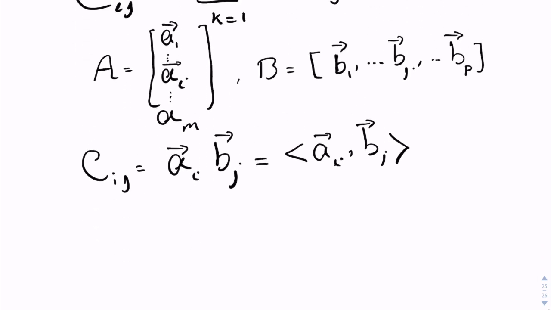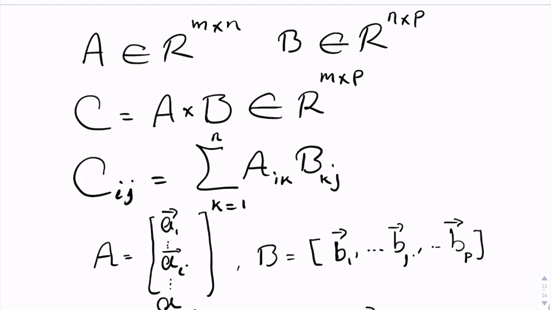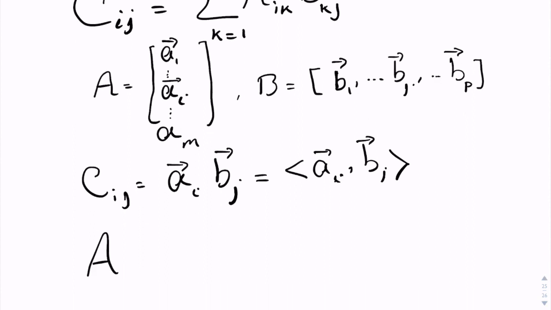For instance, for these two matrices, this matrix was m by n, and B is n by p, I cannot do the element-wise matrix multiplication, because for element-wise multiplication, two matrices should have the same dimension. But in here, these matrices are formed in order to be able to multiply them in the standard form, but we cannot do element-wise matrix multiplication.